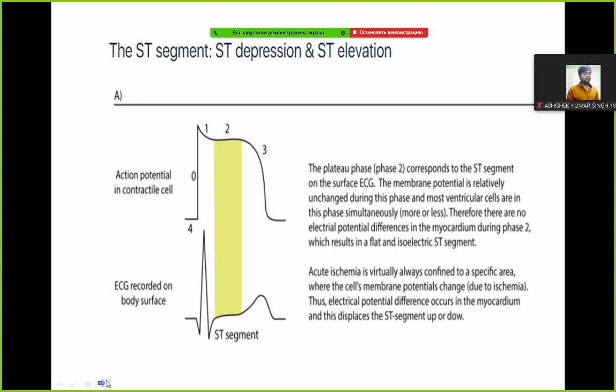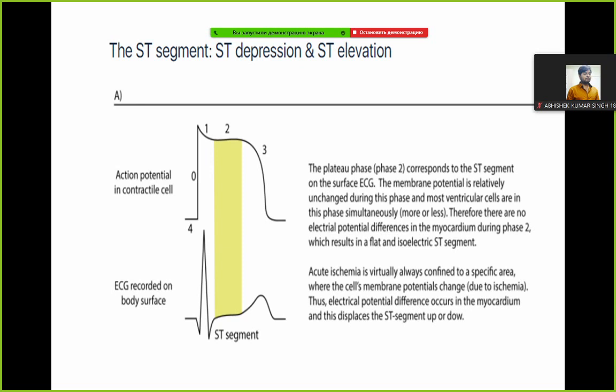ST segment depression and ST segment elevation. So the ST segment corresponds to the plateau phase of the action potential. The ST segment extends from the J point to the onset of the T wave.